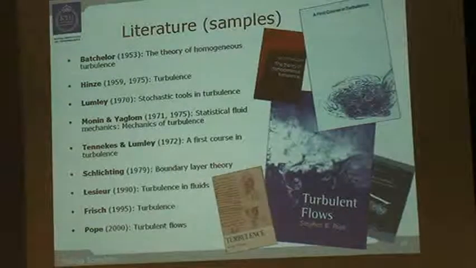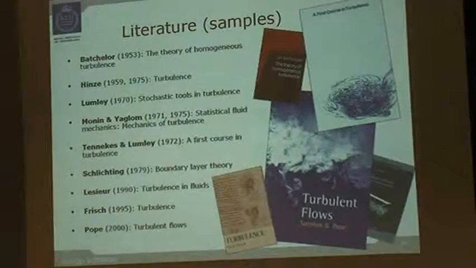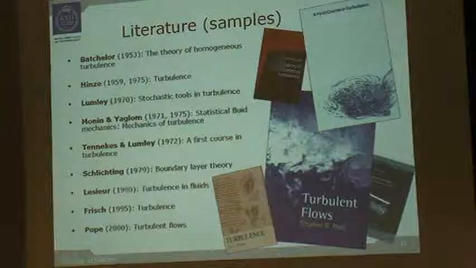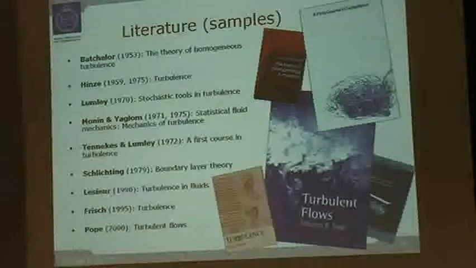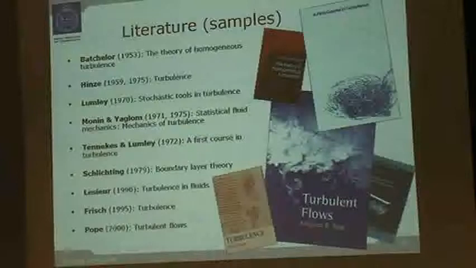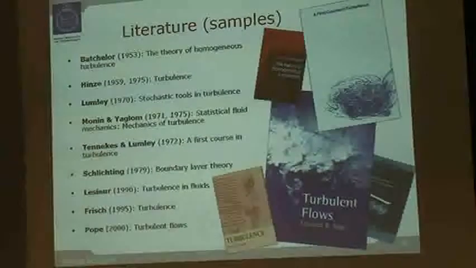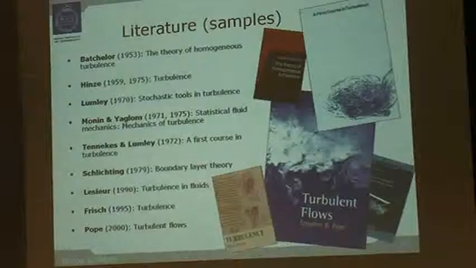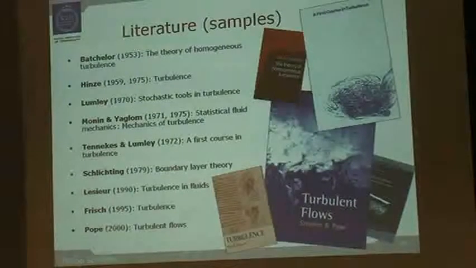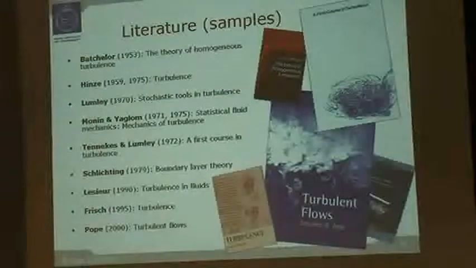It starts here with Batchelor in 1953 with this little book about homogeneous turbulence, and continues through the 70s with Hinze, Townsend, up to the very nice book by Tennekes and Lumley, which I actually have here, called A First Course in Turbulence. Although it's a book from the 70s, it's a really nice book to read as a first course in turbulence. So you can have a look afterwards.